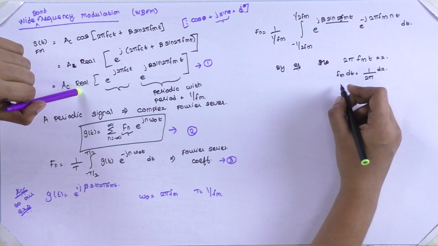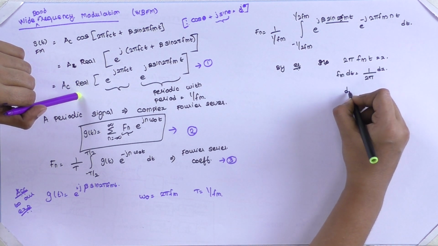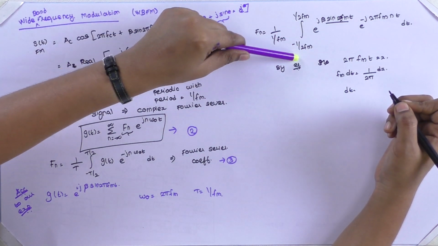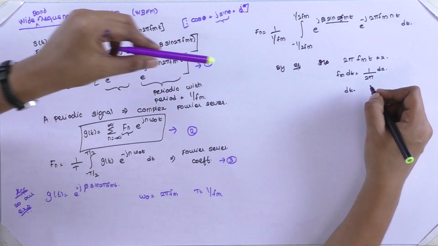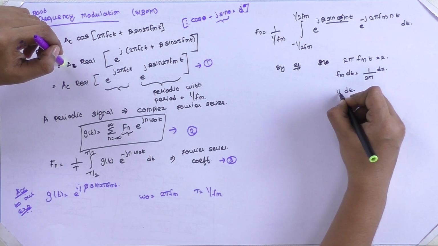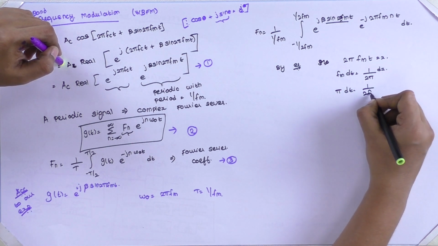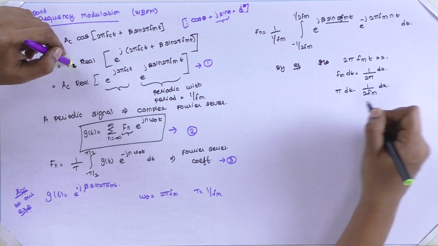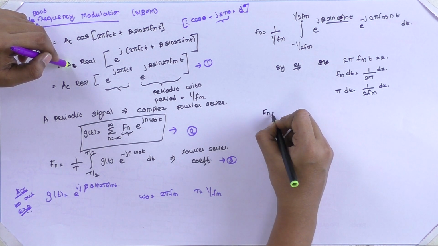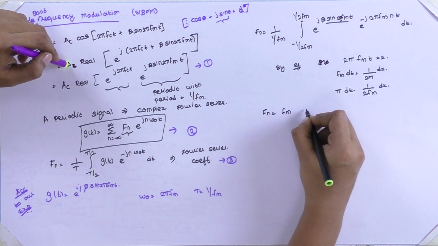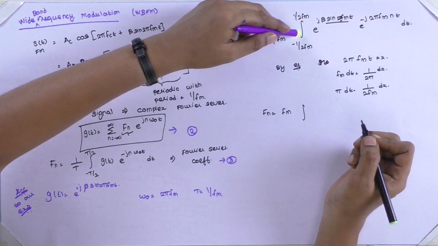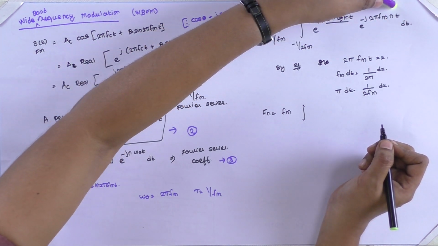To obtain the limits, we replace the lower limit and upper limit in terms of x. Therefore, Fn is equal to fm times the integral with the lower limit in terms of x.